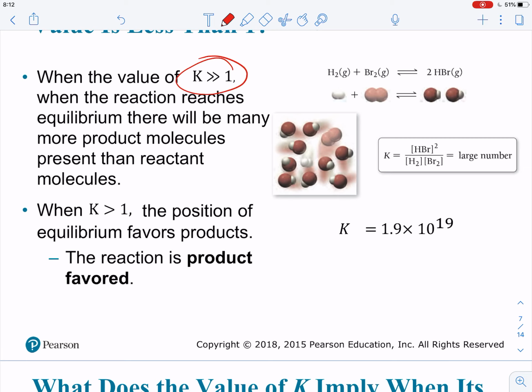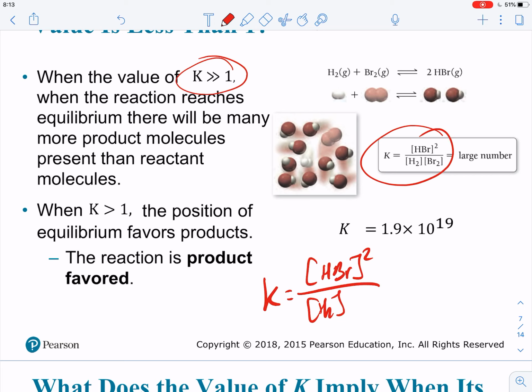So let's focus on this. Let's write this a little bigger here. K is concentration of HBr squared divided by concentration of H2 times Br2.